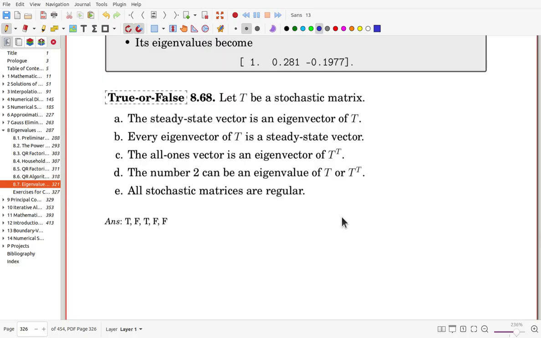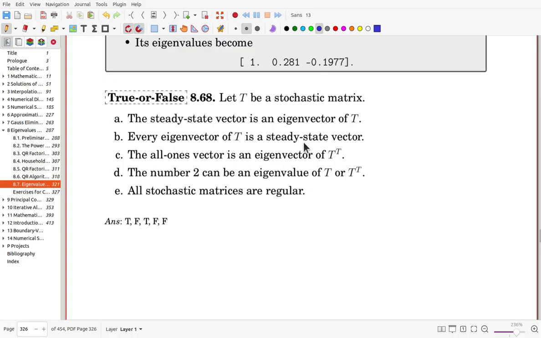Okay, here we have a true or false problem. T is a stochastic matrix. Then the steady-state vector is an eigenvector of T is true. And every eigenvector of T is a steady-state vector is not true.